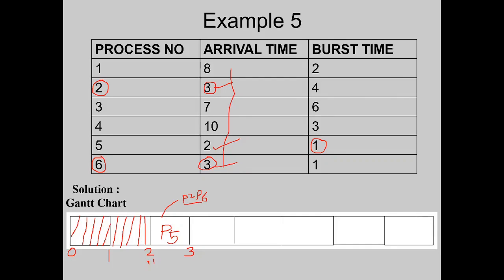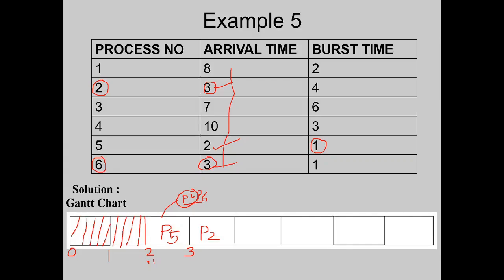These two processes have arrived at the same time. In such cases you need to consider the lower process ID. So you have to select the process which has the lower process ID, and that is process P2. You are going to select that.